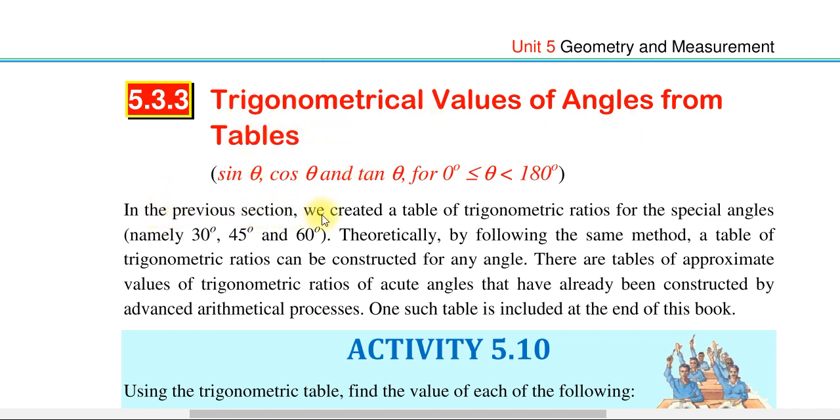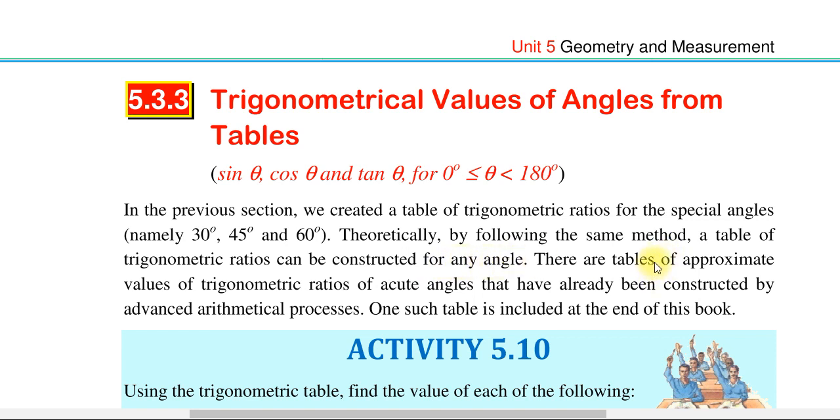In the previous section we created a table of trigonometric ratios for special angles, namely 30 degrees, 45 degrees and 60 degrees. Theoretically, by following the same method, the table of trigonometric ratios can be constructed for any angle.